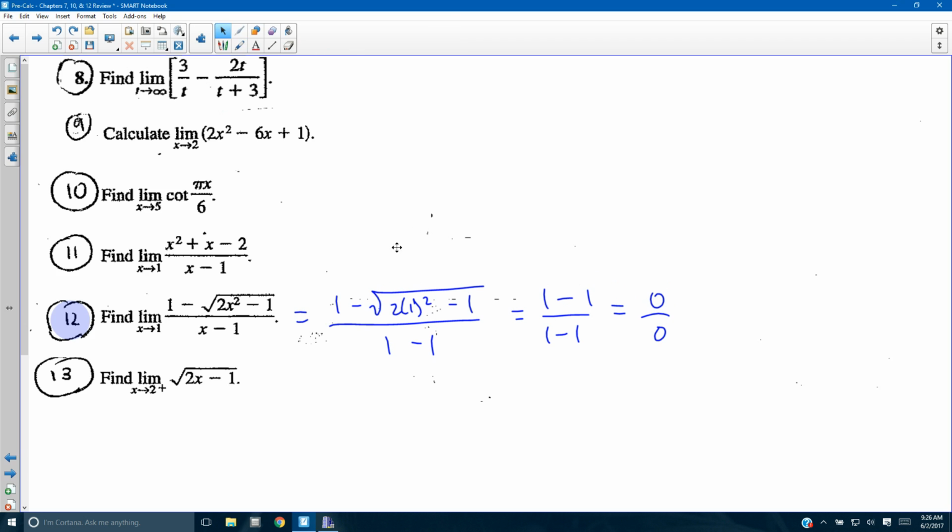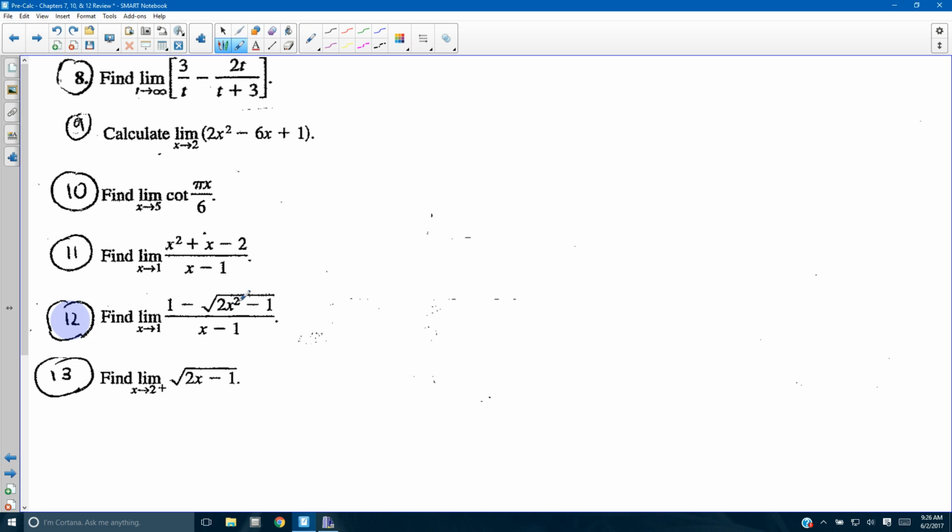I assume this is going to be a long problem, but actually, maybe not. What happens with these kinds of problems is you hope that when you rationalize the numerator, it cleans up everything for you so that you're left with a nice and pretty x minus 1 factor on top that we can then deal with.